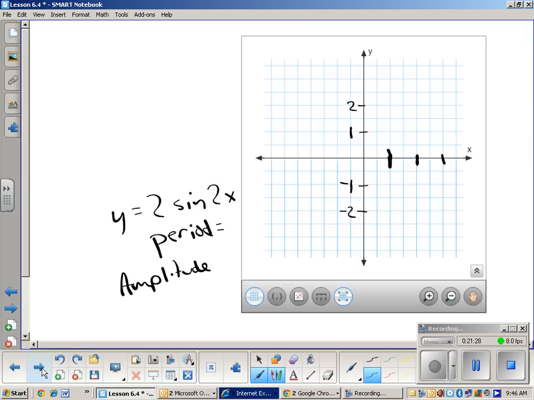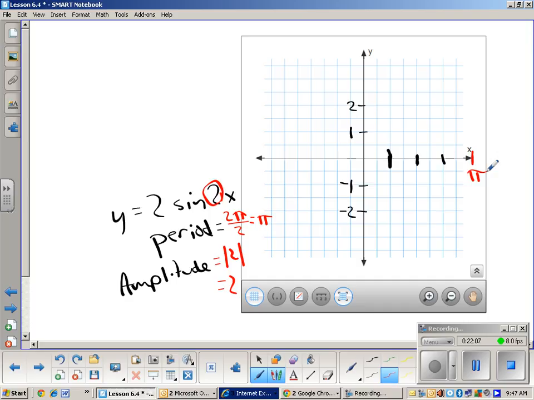What's the amplitude in this equation? 2. Absolute value of 2, which is 2. And the period is pi. 2 pi over 2, which is pi. Okay? So, what I do, I would say this is pi. 4 marks out.